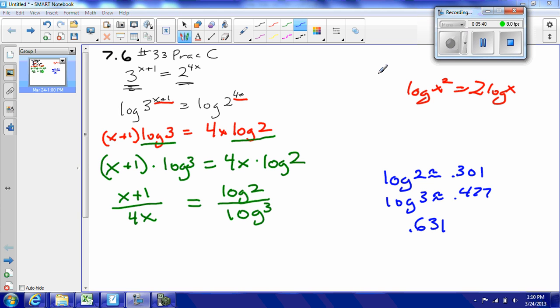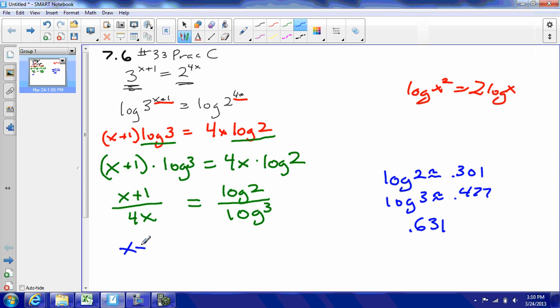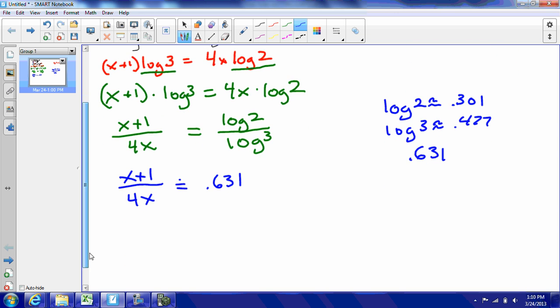So back to my equation, I have x plus 1 divided by 4x is approximately equal to 0.631. Did you know you can make it with a dot sign over it as opposed to the squiggly lines? It means the same thing. So now I'm going to solve this.